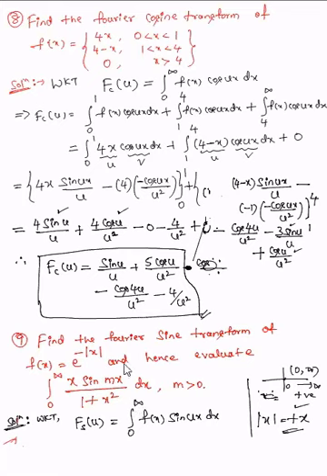So straight away I'll take mod x equal to plus x and substitute. So if I substitute in this, we get the integral 0 to infinity, f of x is e power minus mod x, which is x. So it is e power minus x into sin ux into dx.